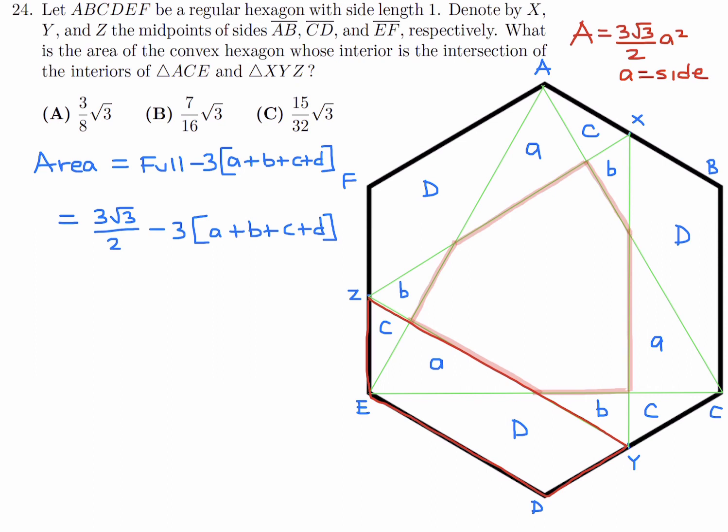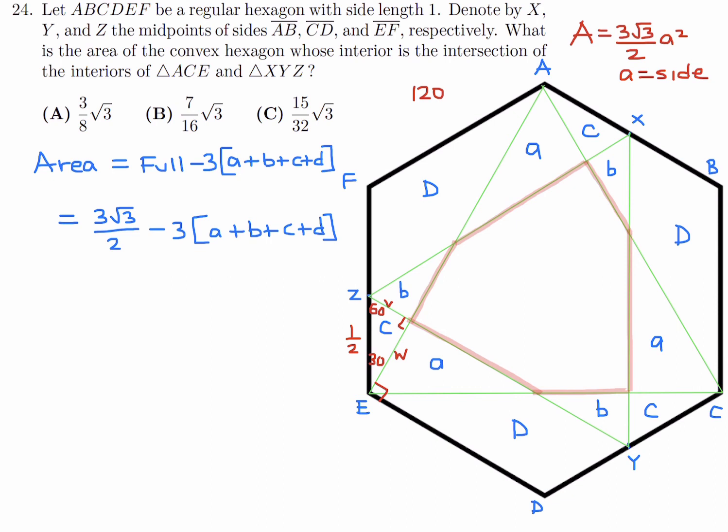So let's concentrate on C plus A plus D. I'm going to label this distance W, and this distance right here I will call V. And this is a 90-degree angle, and the way this is drawn, this is also a 90-degree angle, and the internal angles of a hexagon are 120 degrees. So if this whole thing is 120, that means this in here is 30, and therefore this in here is 60. And the side was 1, so from here to here, since Z is the midpoint, will be a half. So this will allow me to calculate V and W.